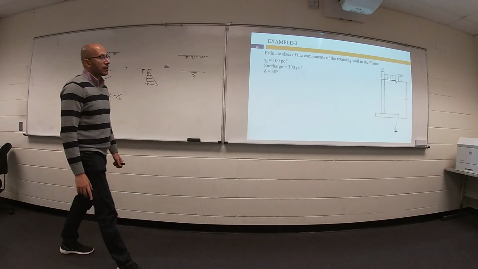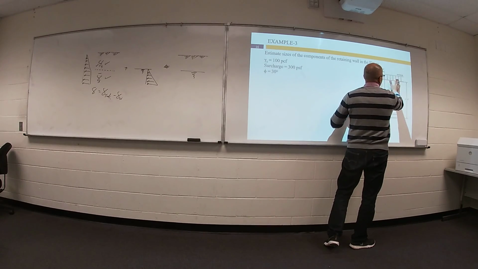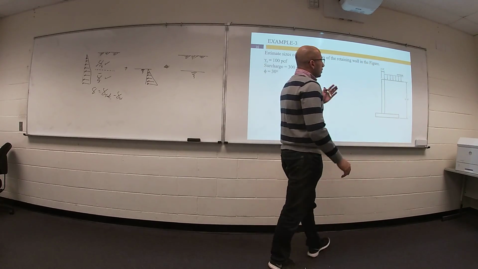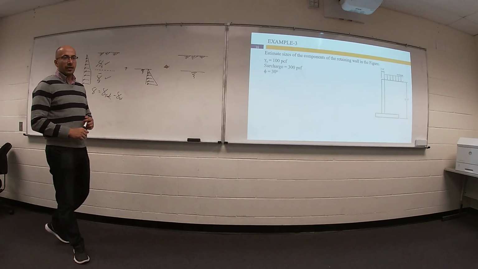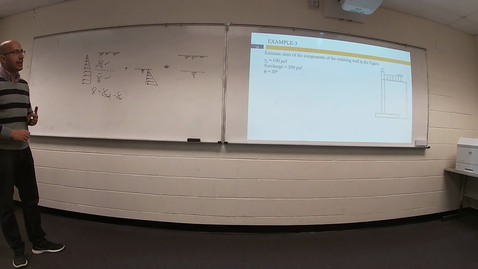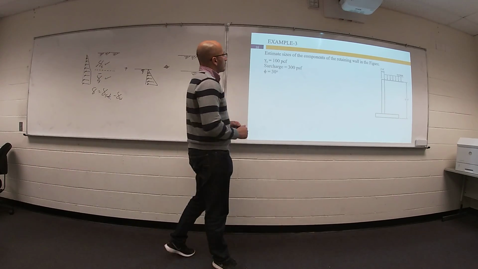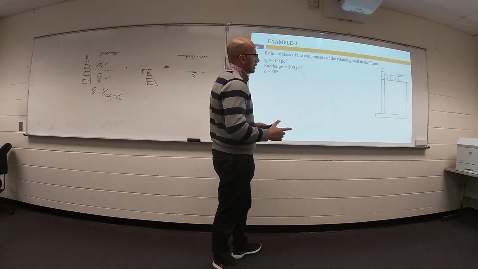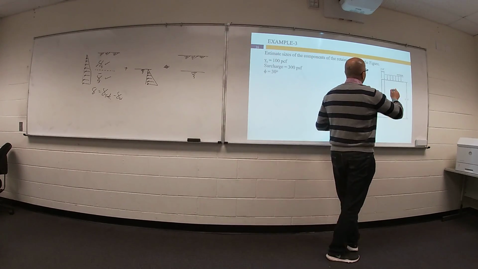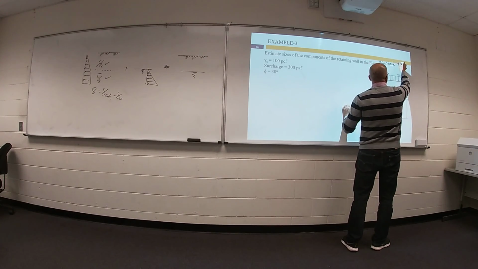We have a retaining wall. The total height of this retaining wall equals 21 feet. Estimate sizes of the components of the retaining wall, and please add one more part and check stability.